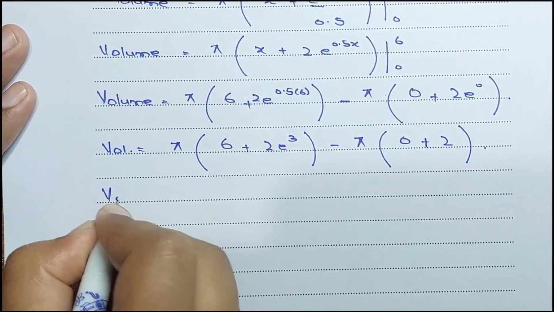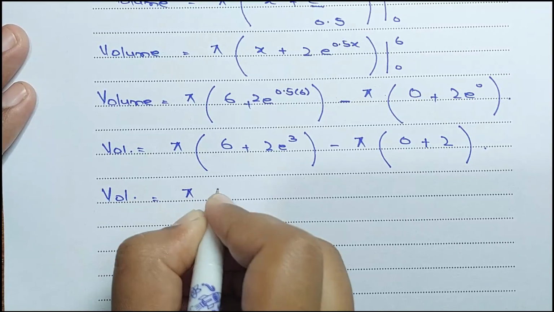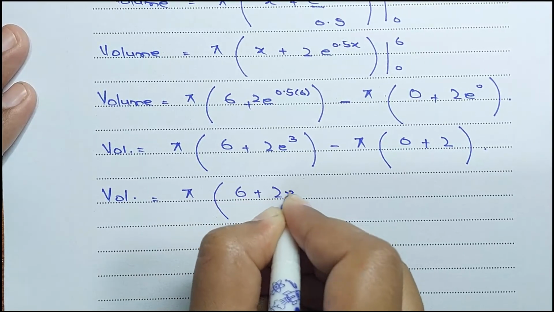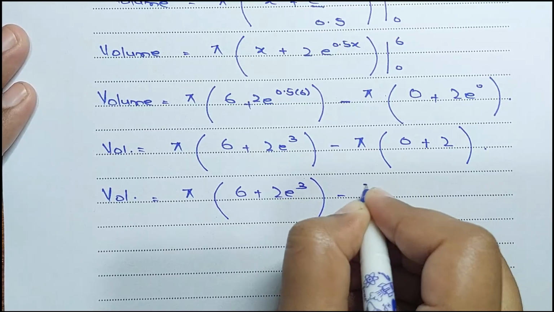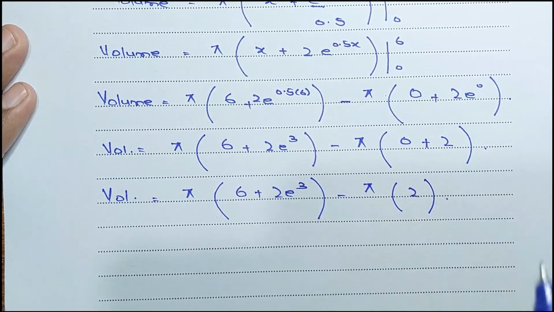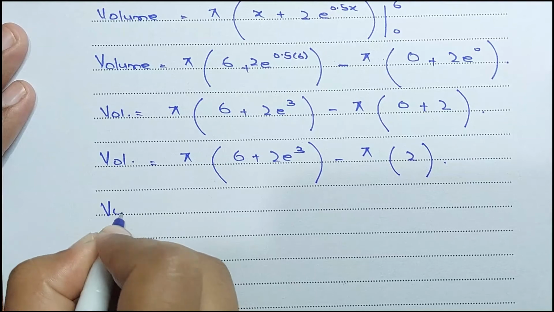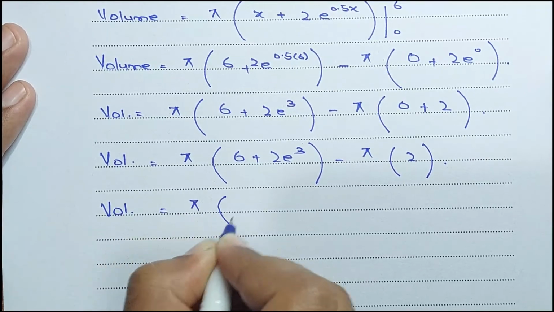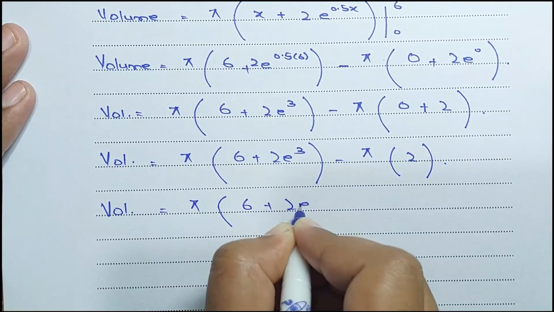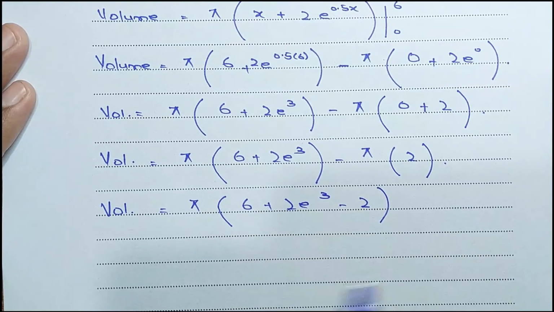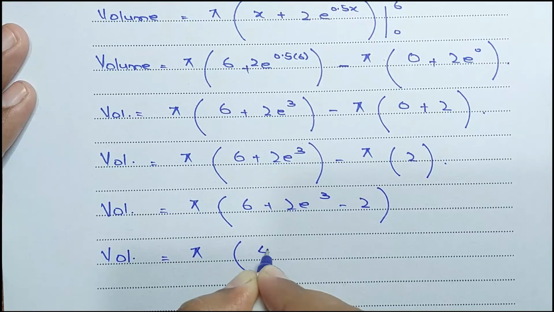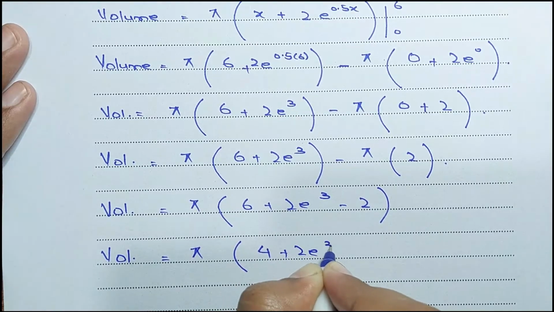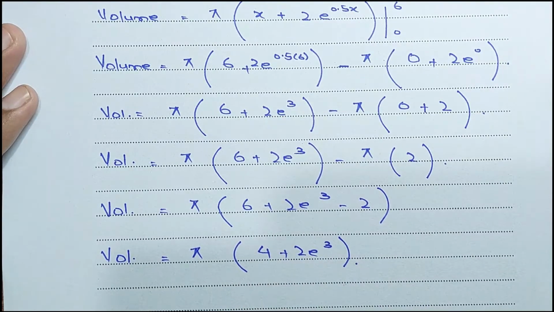Okay, so this volume is pi times 6 plus 2e cube, minus pi into 2. Let me take pi common. Volume is pi, common. We have 6 plus 2e cube minus 2. 6 minus 2 would be 4. So the volume is pi times 4 plus 2e cube. Let me simplify.